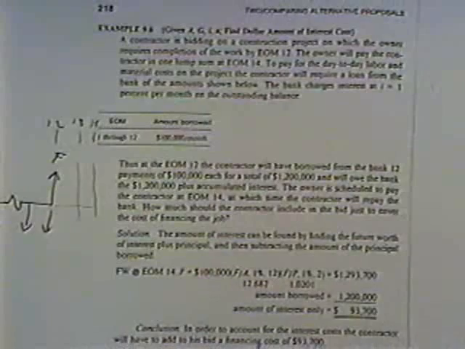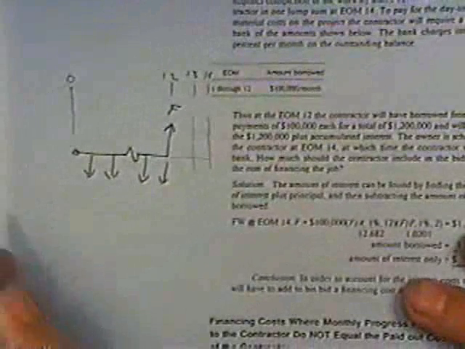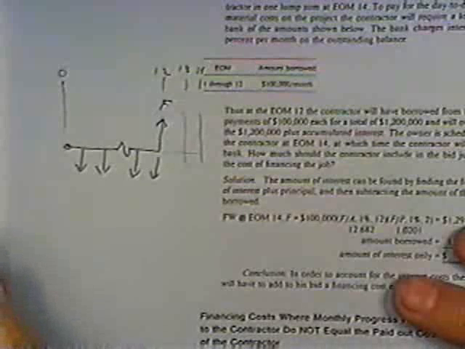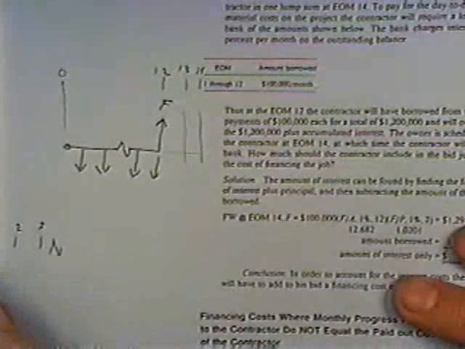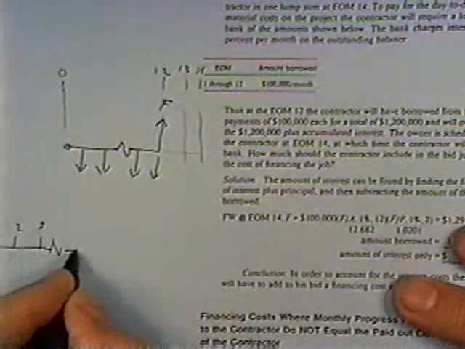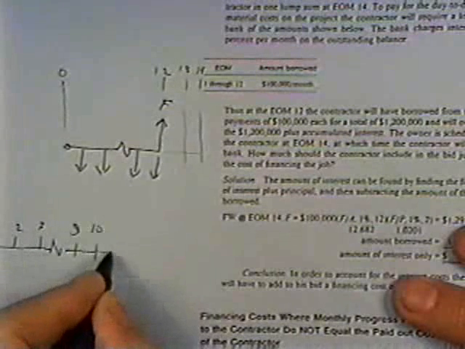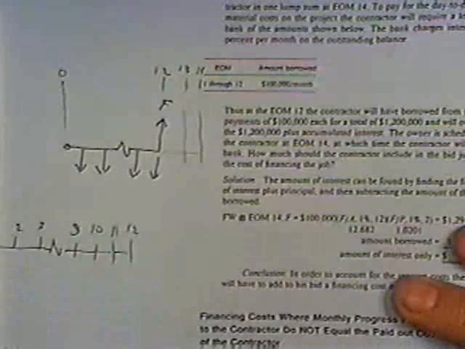And I'm going to draw a little sketch of that. And here's my t equals 0, and here's 1, 2, 3. And I'm going to put a break in the line, and then here's 9 and 10 and 11 and 12.